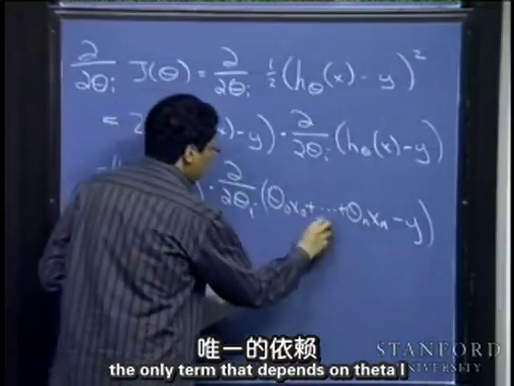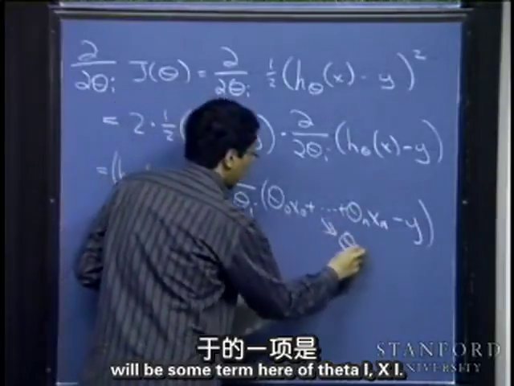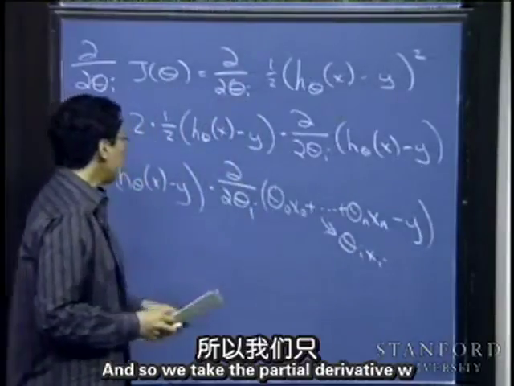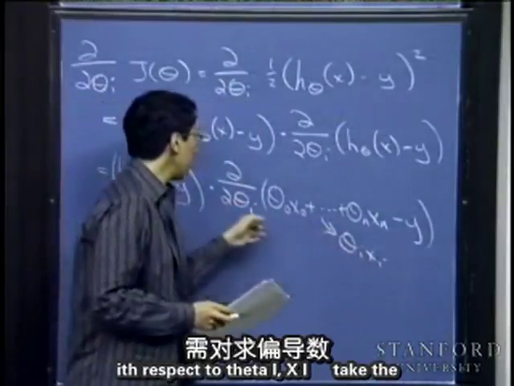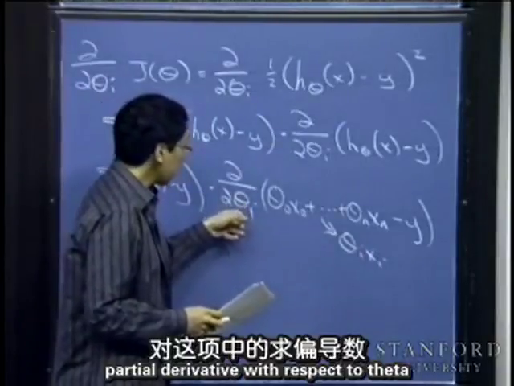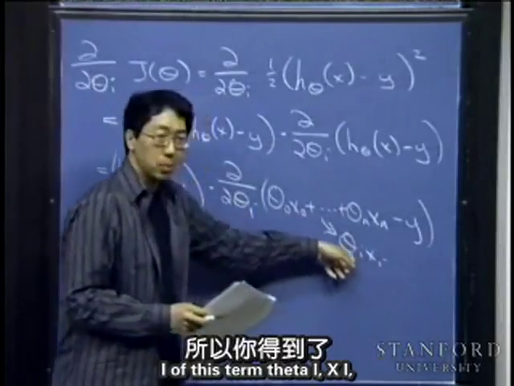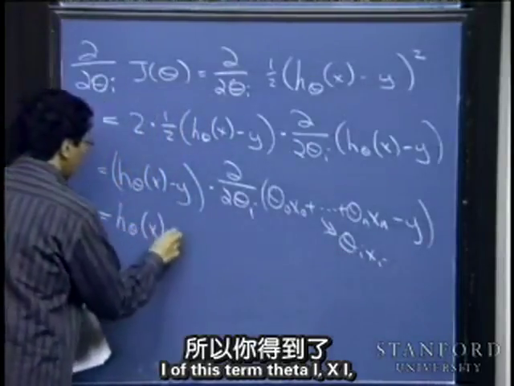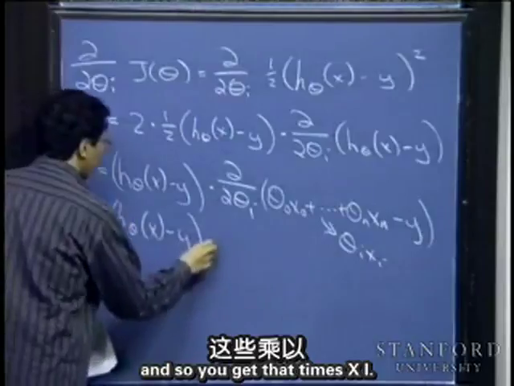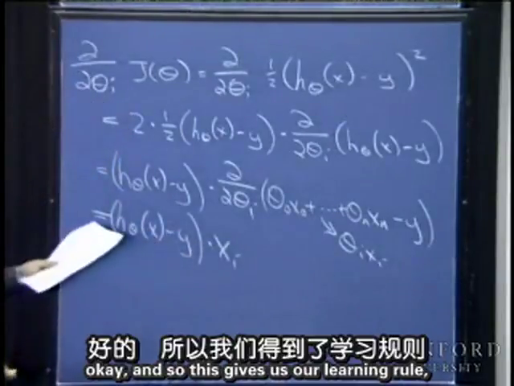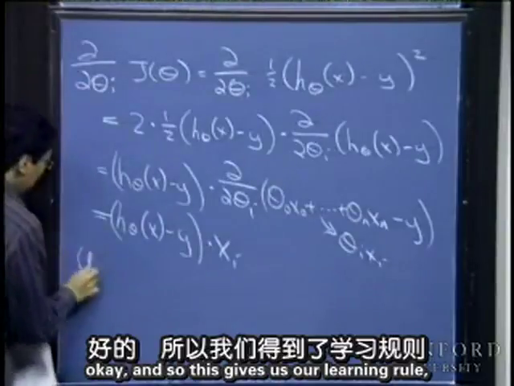The only term that depends on theta_i will be the term theta_i x_i. So we take the partial derivative with respect to theta_i of this term theta_i x_i, and so you get that times x_i.